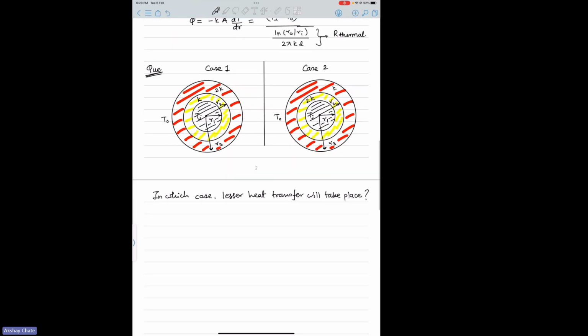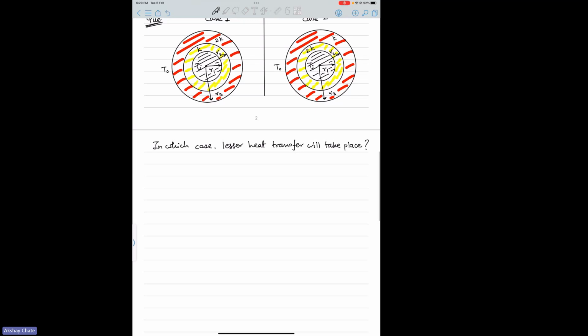So now, as we discussed here, you have to draw the same thermal resistance network diagram. And what you will observe is that we will follow the same classification. So this will be case 1 and this will be case 2. This is a very commonly asked question, so I thought I'll take it first. In case 1, the total thermal resistance, let's say R1, and the other will be R2.